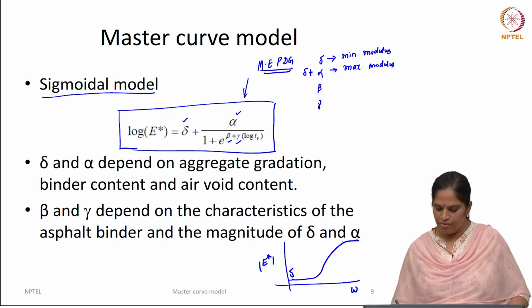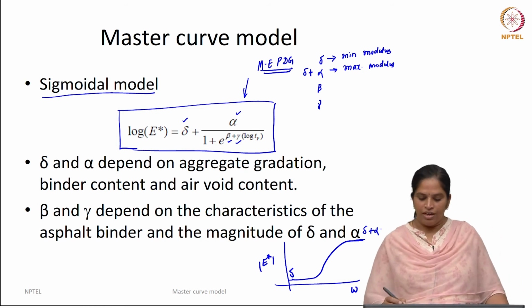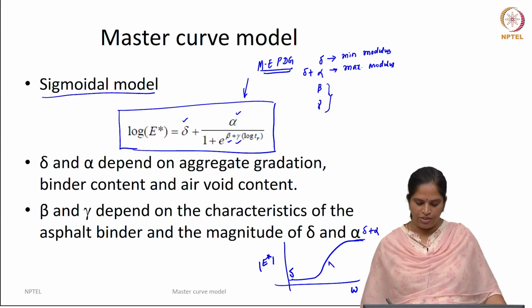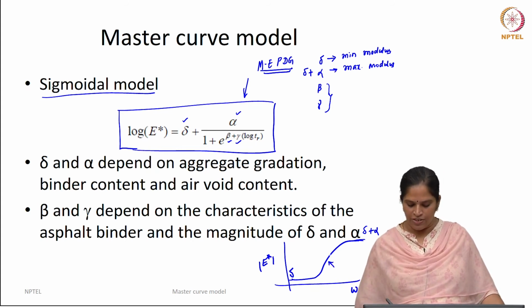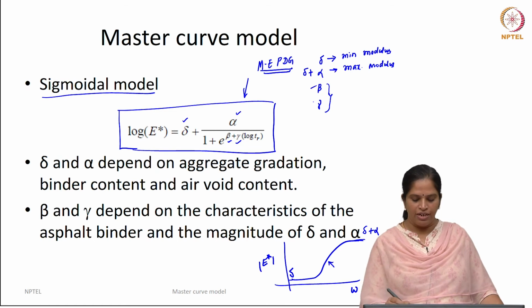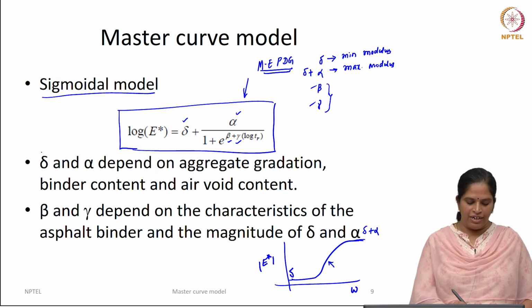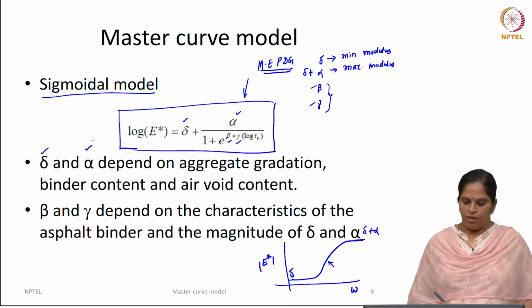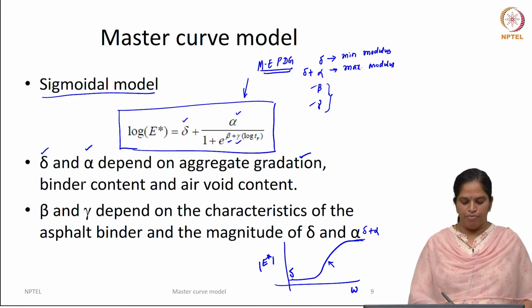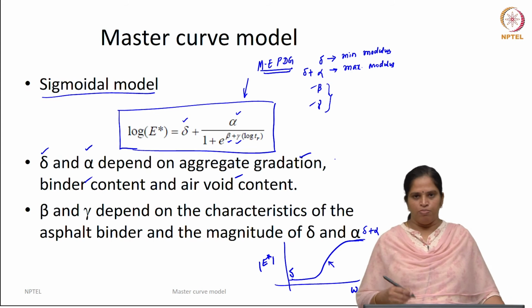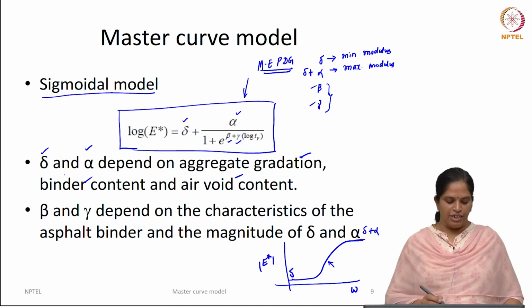Beta and gamma describe the shape of this line here. It need not necessarily be a straight line. So beta and gamma describe the shape of this modulus. You can see that delta and alpha will be dependent on the aggregate gradation, binder content and air voids. So it depends on the mixture volumetrics and also the binder content which we use.